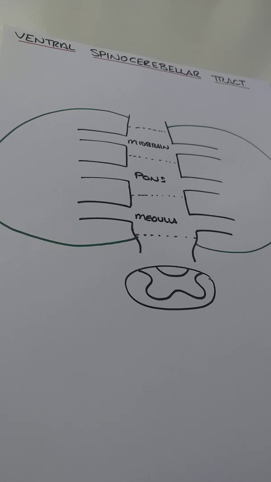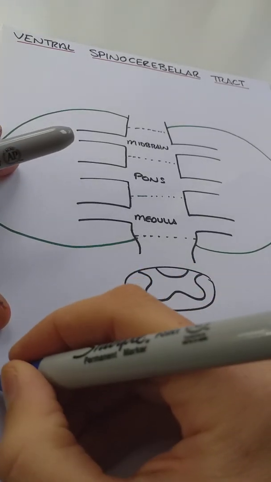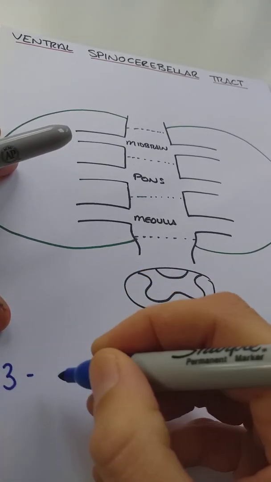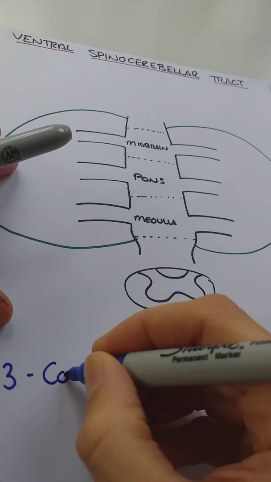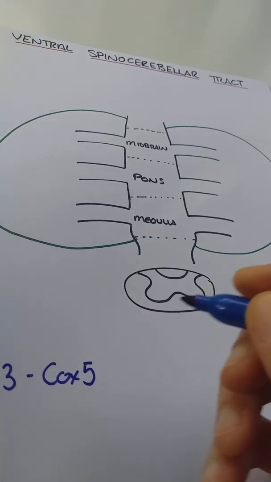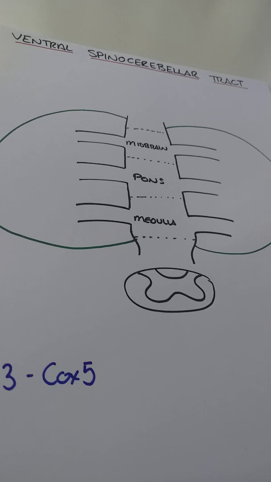Right, so this is the ventral spinocerebellar tract, and this is L3 to Coccyx 5. L3 down, the very end of your tailbone. This is a cheeky little one.